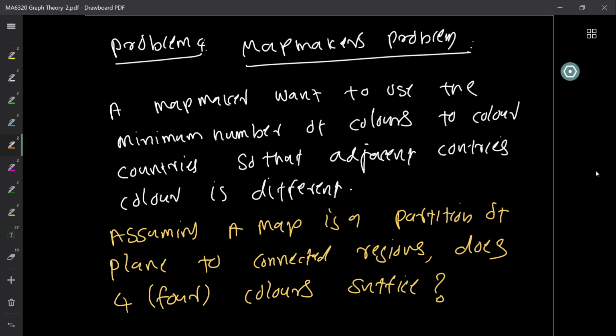This was a very famous question, and in fact one of the most prominent questions that drove the development of graph theory for around 125 years. I think in 1871 Francis Guthrie or someone basically asked this question, and after so many attempts and the development of several techniques just for proving this, it was finally proved in 1976 by Appel and Haken.